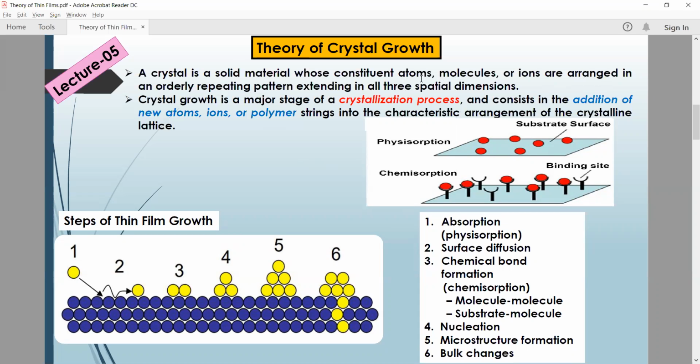Getting my point? So those types of crystals we want to deposit onto our substrate. Okay, and on that substrate we will deposit our material layer by layer also.